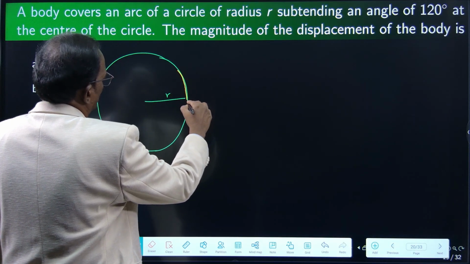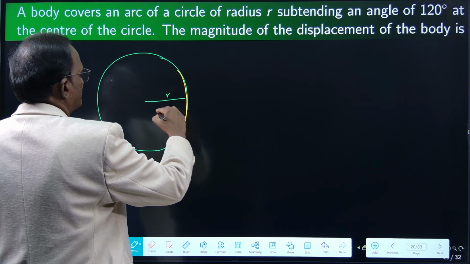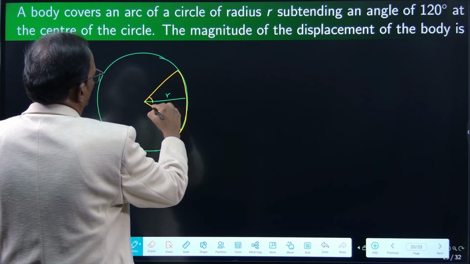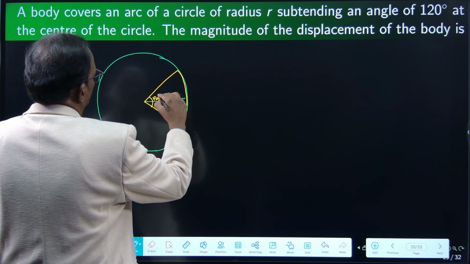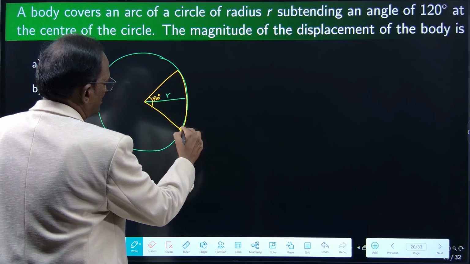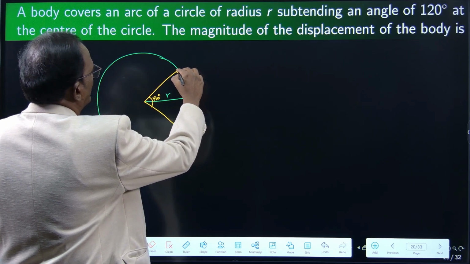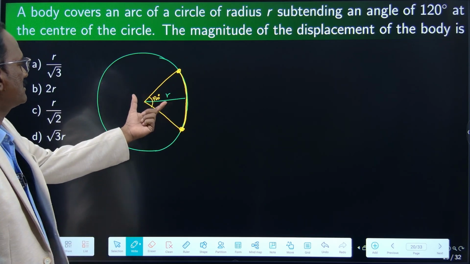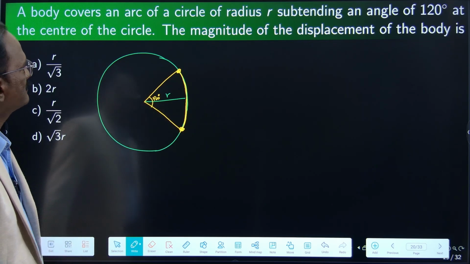Let us say this is the arc. So this is 120 degree. From here it is starting, from here it is moving. This is the arc it is traveling. The radius is r, the angle is 120 degree.